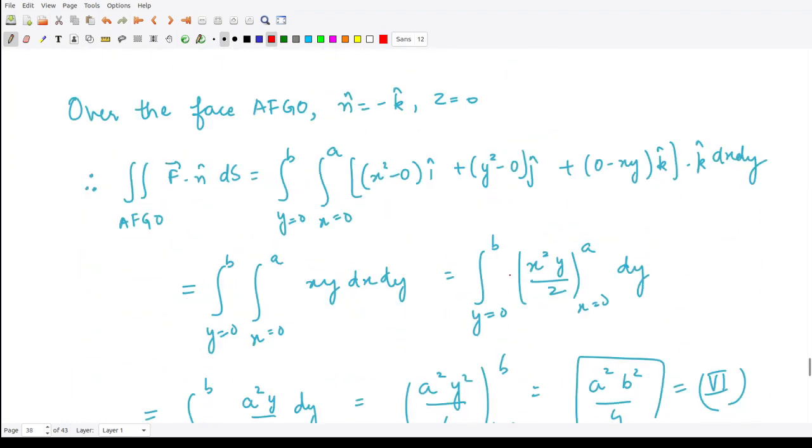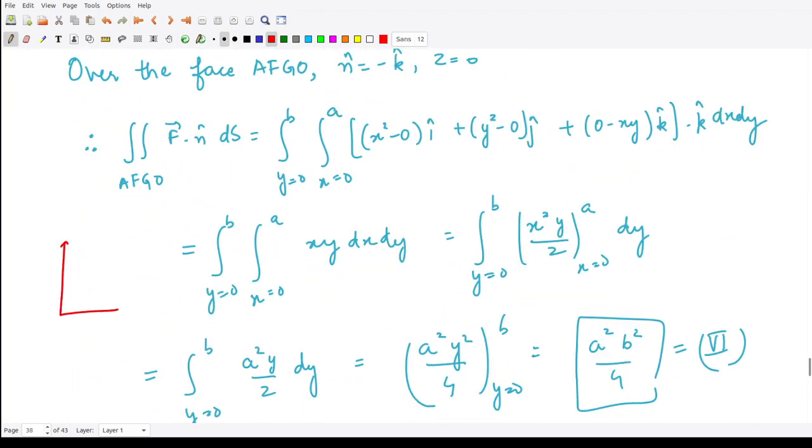And for the last face, we are performing this surface integral over the face AFGO. So let's see what this face AFGO is. AFGO is this face. So the unit normal which is drawn parallel to this one is in this particular direction.